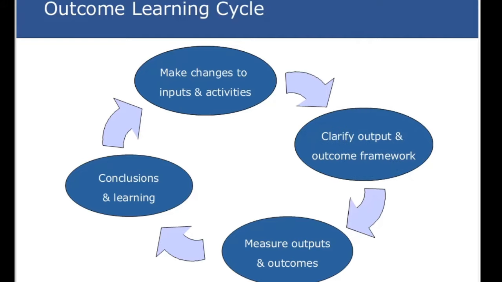You then go back and look at your framework, clarify it, and again measure the outputs and outcomes, draw conclusions, make changes. This is an ongoing process that your organization is always involved within. This really is the core of what an outcome approach is to fundraising, to an organization.